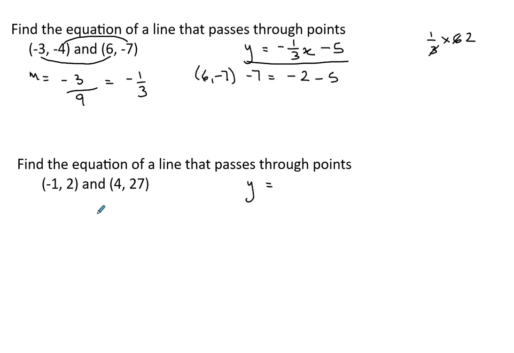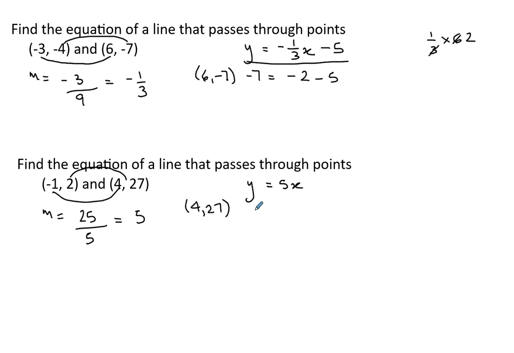All right? Okay, so your gradient is your change in y, which is 25, divided by your change in x, which is 5. So 25 divided by 5 is 5. So you've got y equals 5x. Okay, let's try the (4, 27).